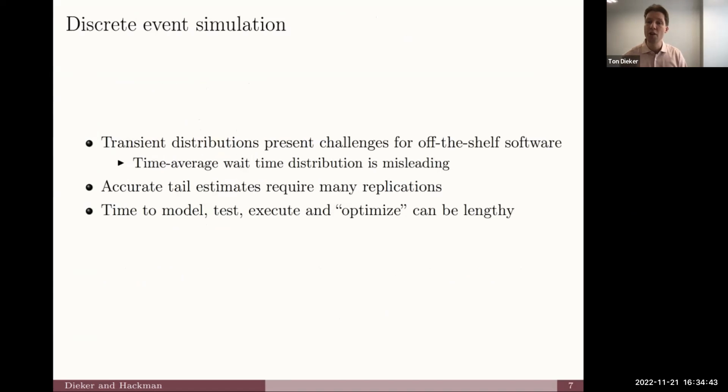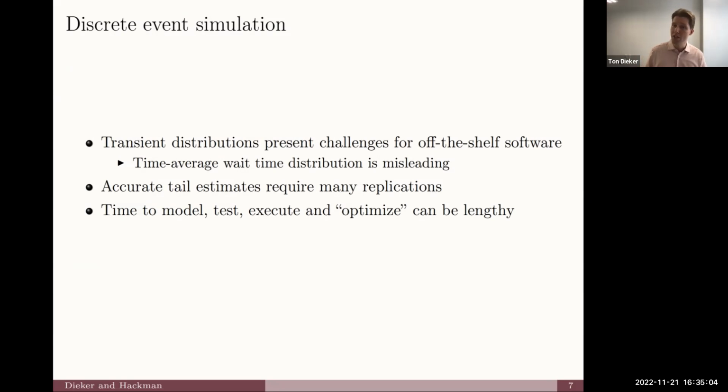So discrete event simulation is the go-to approach, but it has its own challenges. For instance, standard off-the-shelf software often produces time average wait time distributions or expectations, and that's misleading because you want a guarantee for each time epoch.